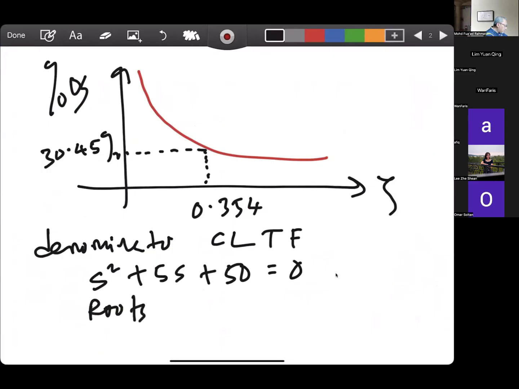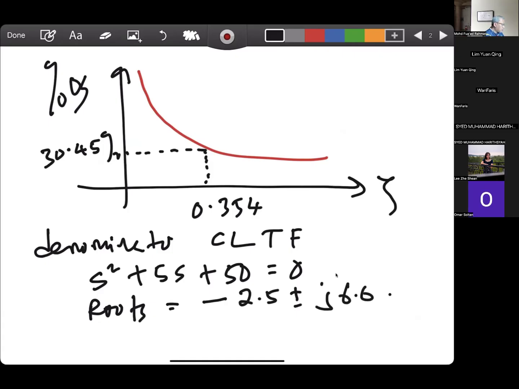What are the roots? Help me. It's minus 2.5 plus minus j 6.6.